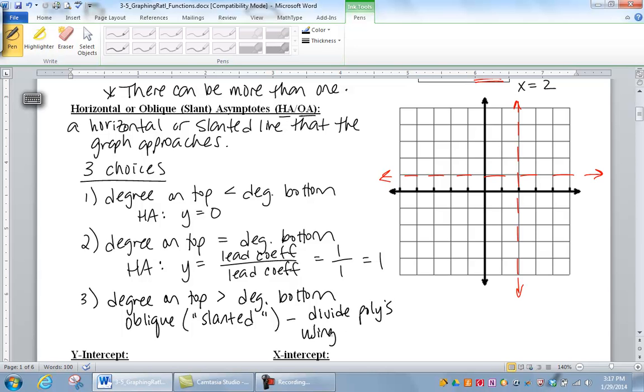We keep using synthetic division over and over again, it seems like. Just know that we're not going to talk about this today. This is going to come into play later in the packet, so you don't need to worry so much about option number 3 here. We're just focusing on 1 and 2 for today.